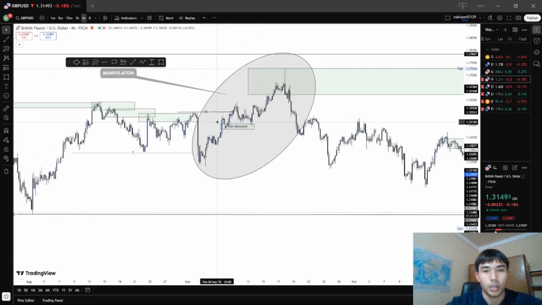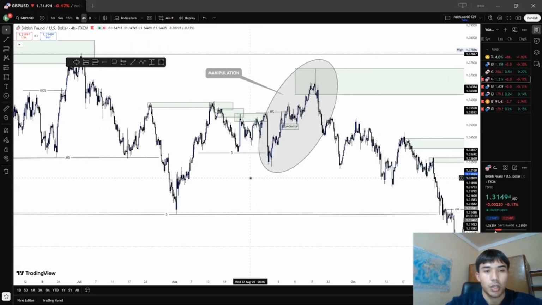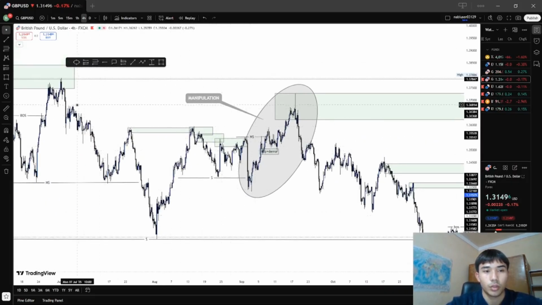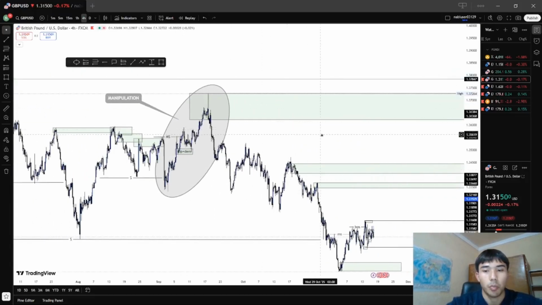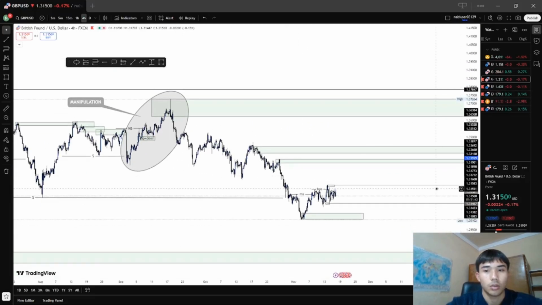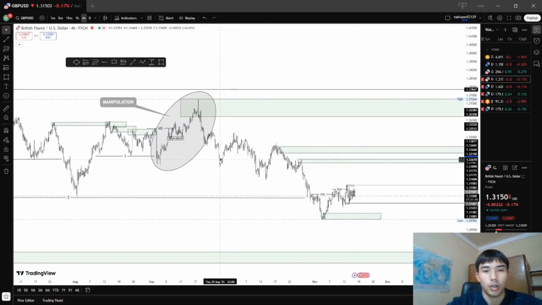And what did price do? Price spiked up to respect this demand zone and went straight back, which is very bad. So from that moment on, this is manipulation.